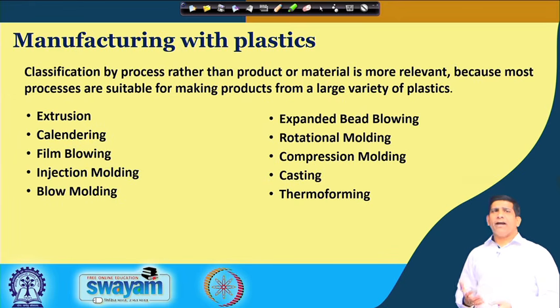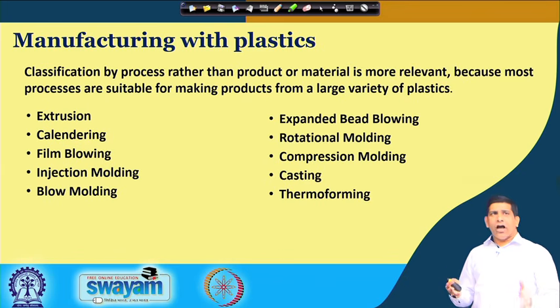In terms of manufacturing with plastic, so far you saw what plastic is: essentially an organic compound, a polymer. You take a monomer, do a certain reaction to make a polymer, add certain additives to add strength and color, and you get a variety of different types of plastics. Now we are talking about the raw material.